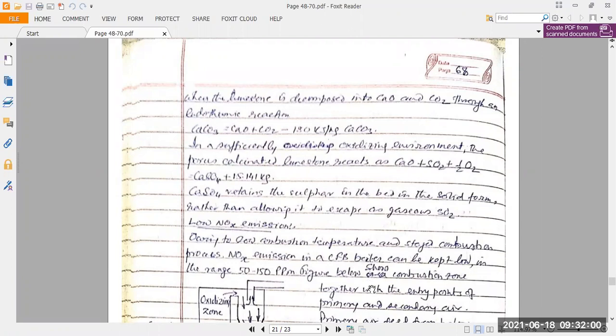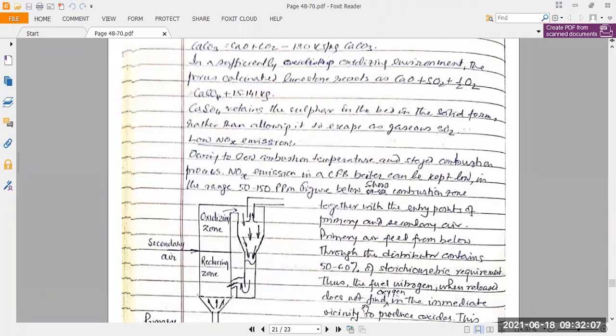The figure by the side shows the combustion zone together with the entry point of the primary and secondary air.